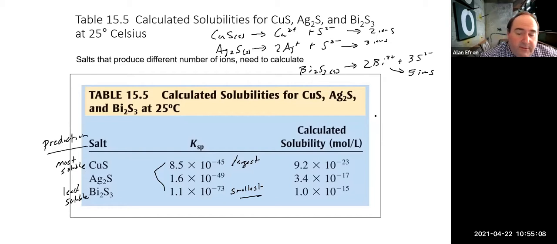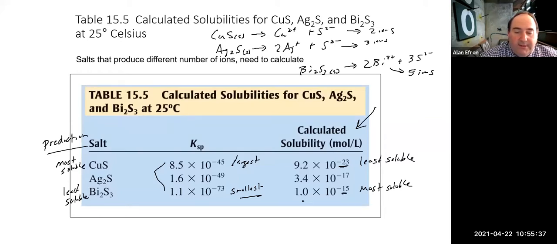Now, when you actually do the calculation, just like we did a moment ago, and calculate the actual solubility of each of these, what we actually see is the opposite. We see that the copper 2 sulfide is the least soluble, and the bismuth compound there is the most soluble. Remember, when you're looking at negative exponents, the smaller the negative number, the larger it is.